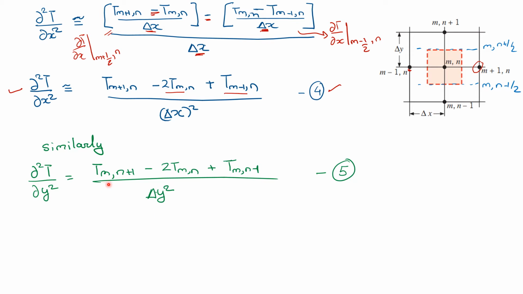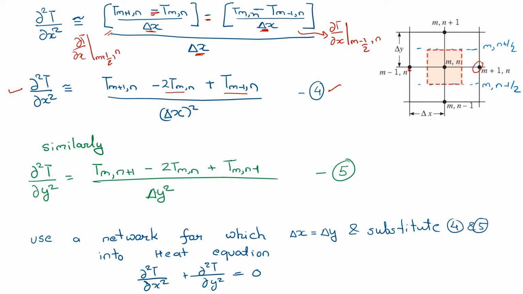So the only change will be that now the neighboring temperatures will not be your temperatures on left and right, but the temperatures on top and bottom. So your del square T by del y square will be T of m comma n plus 1 minus 2 T of m comma n plus T of m comma n minus 1 divided by delta y square, and let's say this is equation 5.